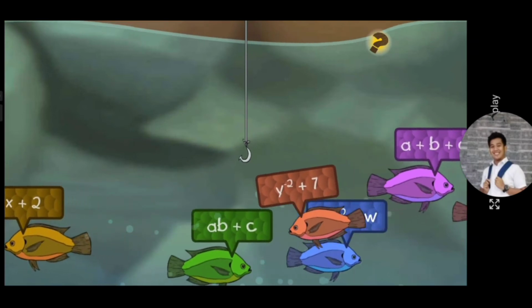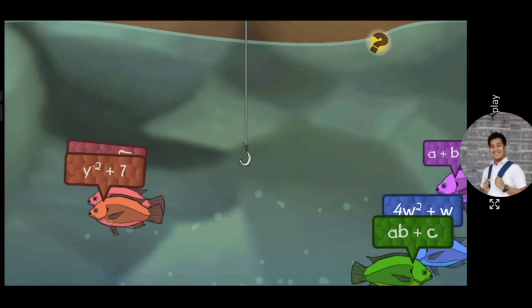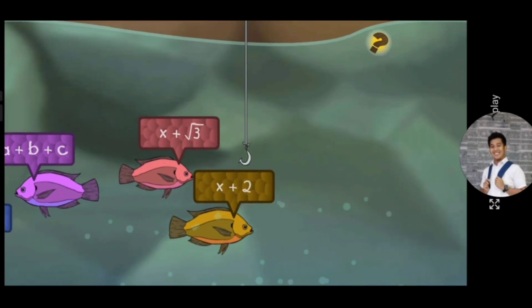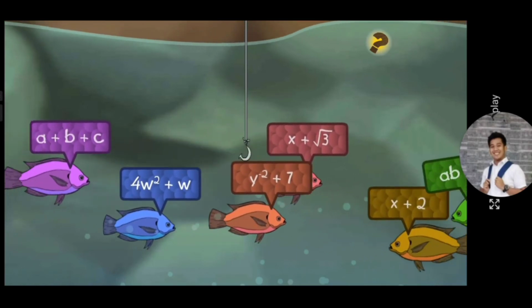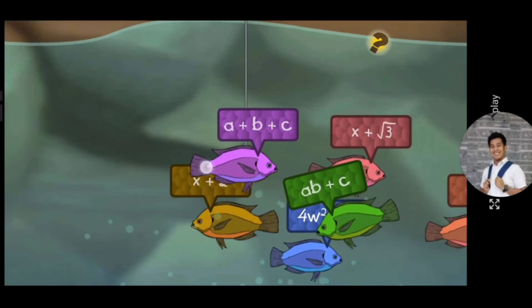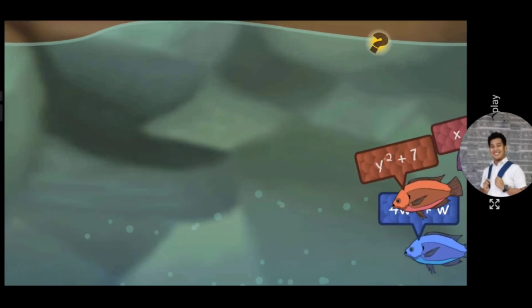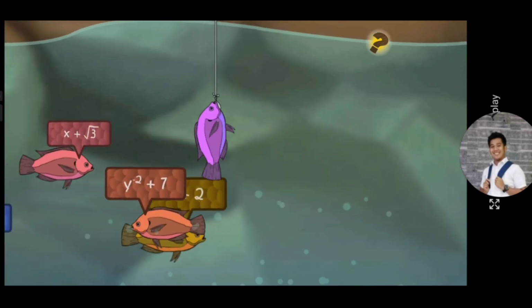So we have AB plus C, X plus square root of 3, A plus B plus C. Which one will be caught first? Is it the pink one or the violet one? Okay, so we have the green one. Excellent.